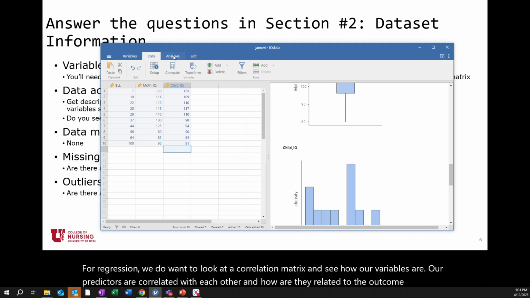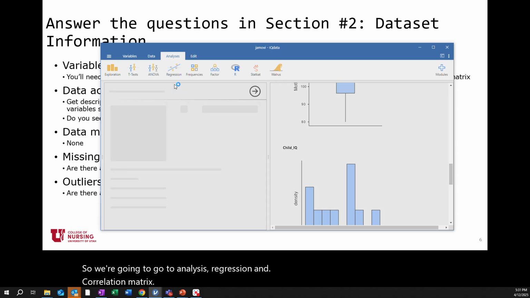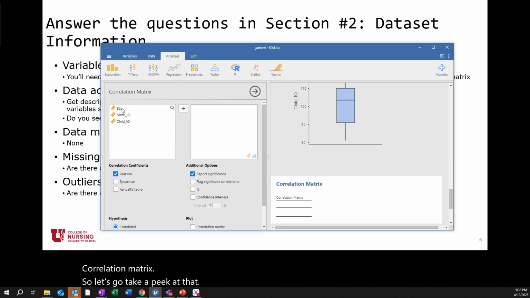So we're going to go to Analysis, Regression, and Correlation Matrix. Let's go take a peek at that. And we're going to move all of our variables over.